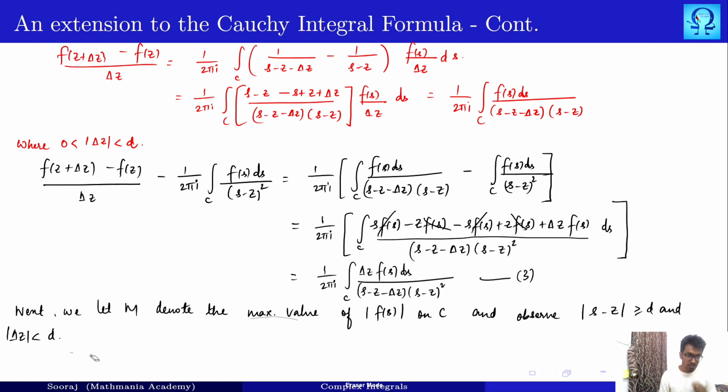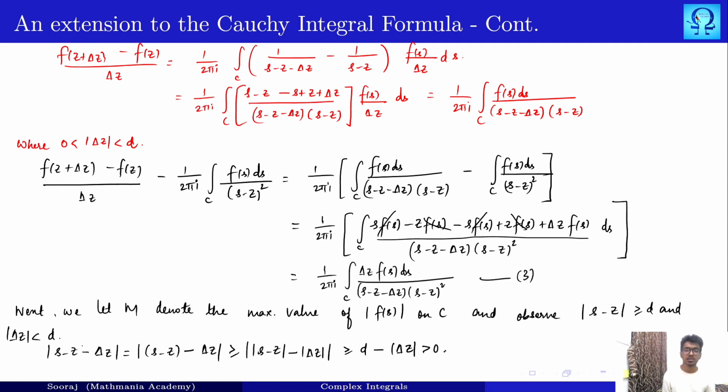Okay, so what we have is that absolute of s minus z minus delta z, which is bigger than or equals absolute of s minus z minus absolute of delta z, which is nothing but bigger than or equals d minus absolute of delta z, which is a positive quantity.